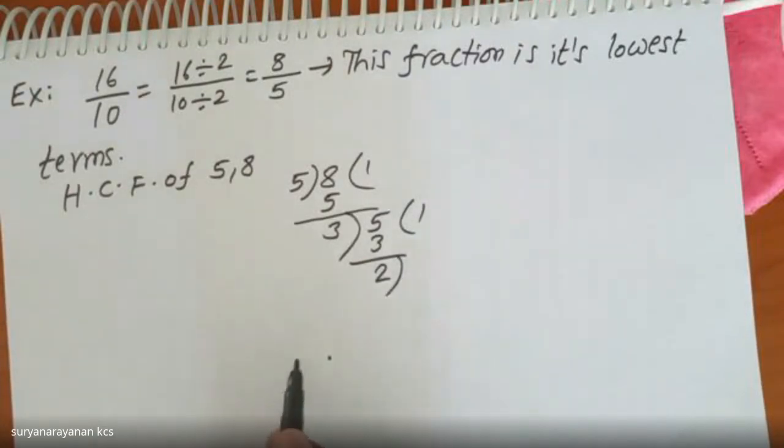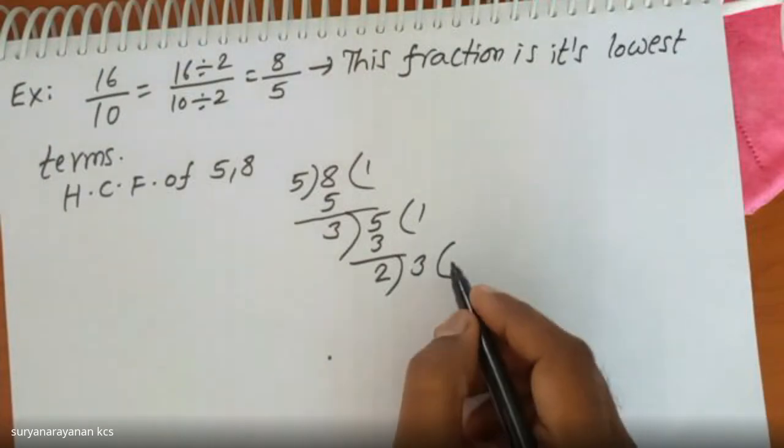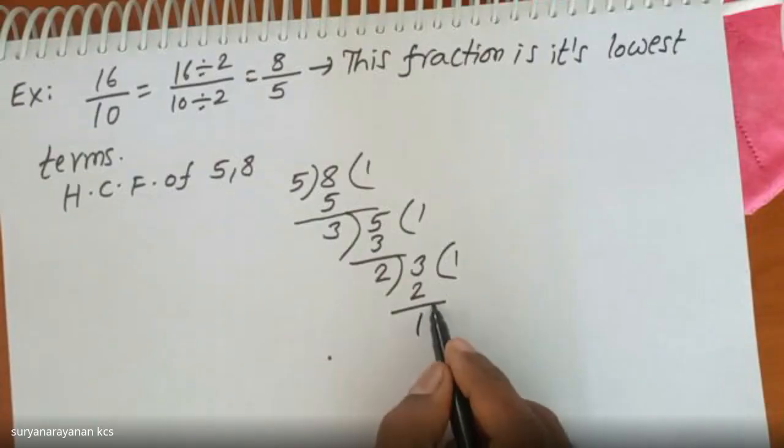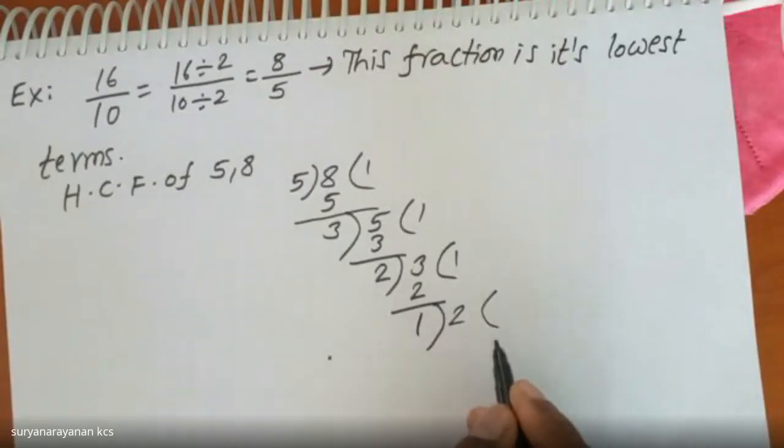So we take this remainder as the new divisor. What is the previous divisor? 3. Divide the previous divisor by the new divisor.